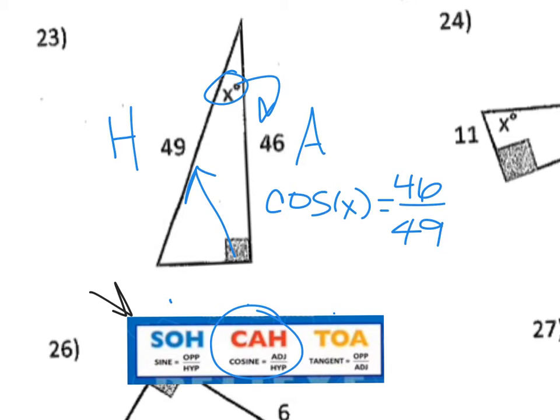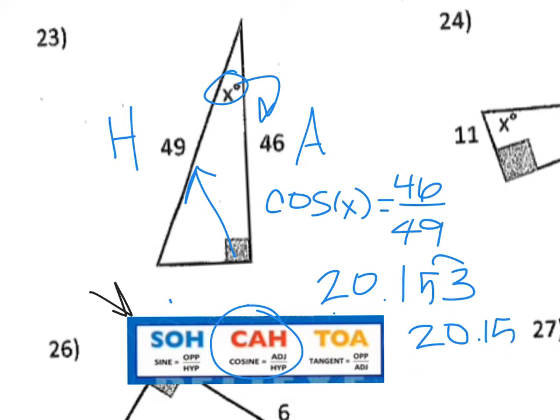Your calculator should say cosine -1, and then you're just going to put 46 divided by 49 in parentheses, and it tells you that your answer is 20.153. If we're rounding to the nearest hundredth, the 3 tells the 5 to stay the same, so x is really equal to 20.15.